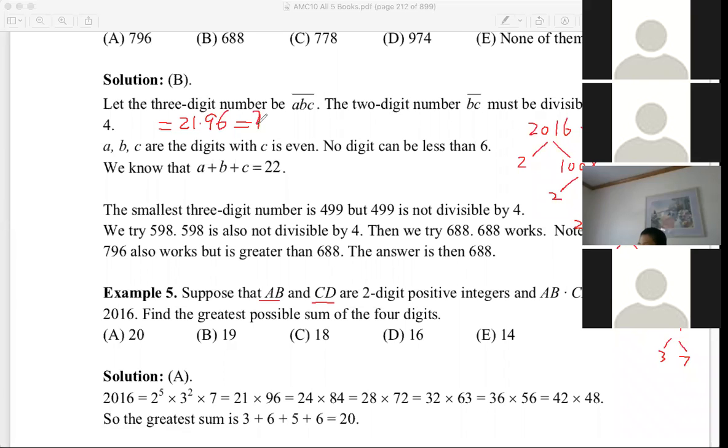Use 32. 9 times 6. 9 times 7, that's 63. This is another choice.